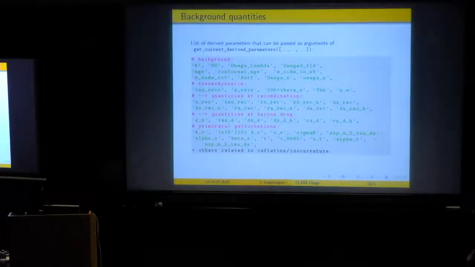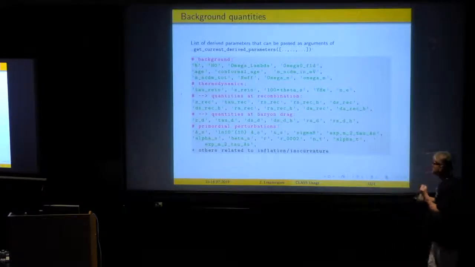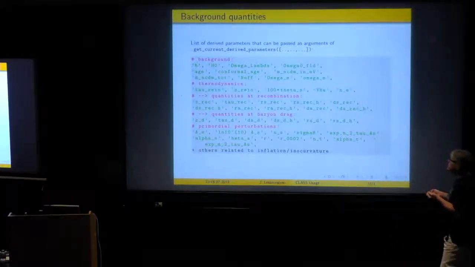At the level of thermodynamics, first there are some variables that you can be interested to compute. If you passed to the code the optical depth to reionization, then it will determine automatically the redshift of reionization, and you can extract it here. But it's your choice. You can instead pass to CLASS the redshift of reionization, then it will compute tau_reio, and you can extract it here.